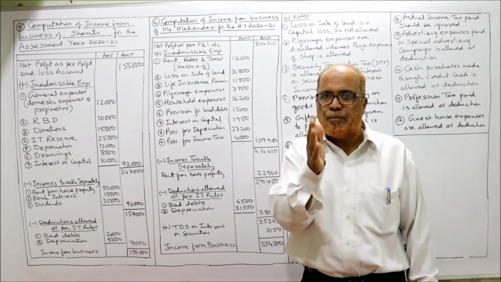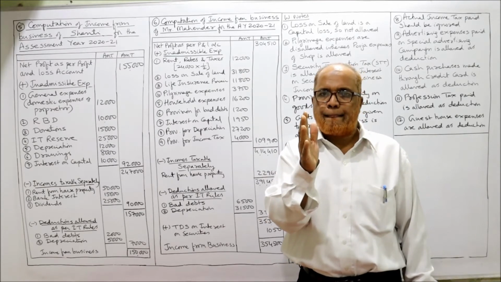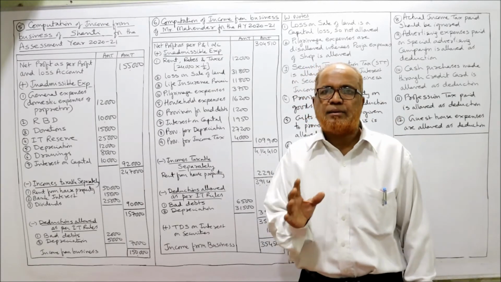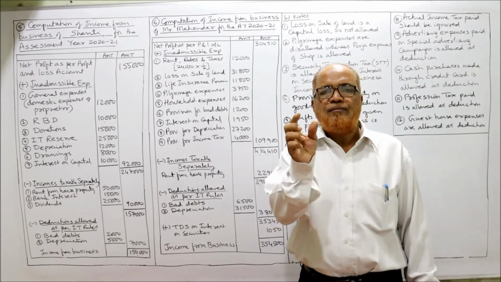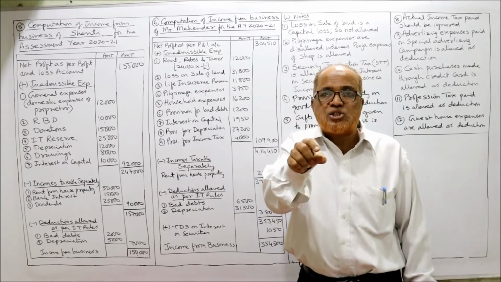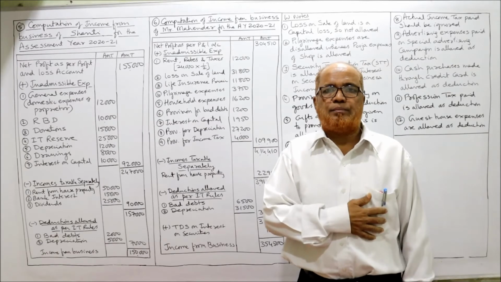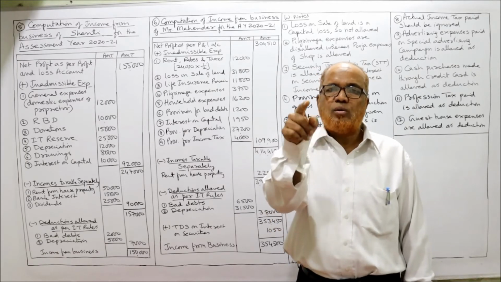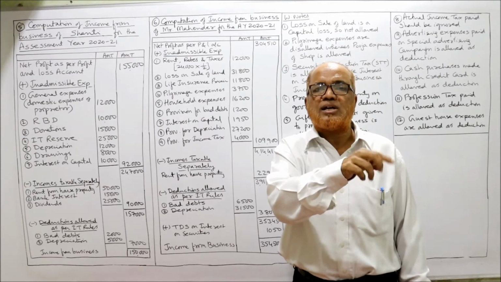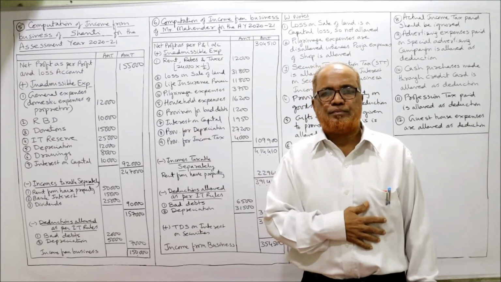Remember this point, a very important point I am discussing. Already I have discussed it in detail in the introduction part. Again I am saying, if securities are part of stock, then interest on securities is a business income. When interest on securities is a business income, then security transaction tax will be allowed as deduction.